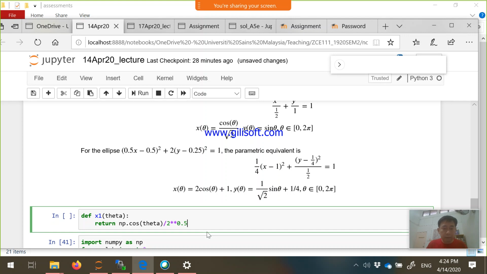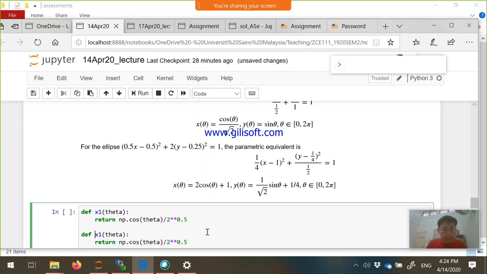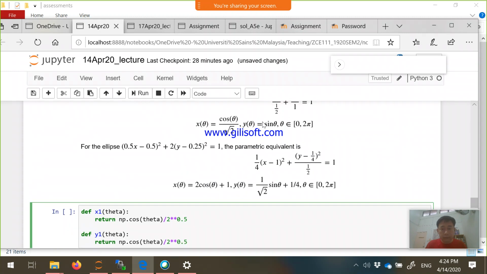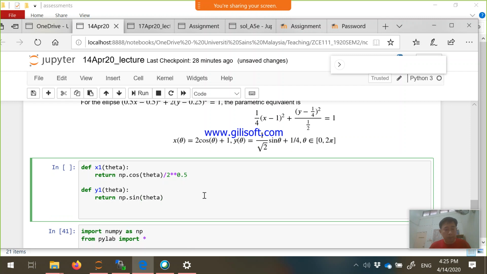That is how I define my x coordinate in terms of parameter theta for the first ellipse. And then for the y coordinate in ellipse number 1, the function is just sine theta, without anything else, so the rho is 1. So then I have this coordinate.